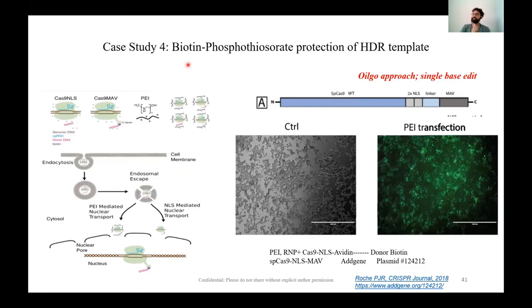The next is coupling the tagging or protection of your oligos with something called biotin and phosphorothioate protection for your HDR template. Before we go into that, the authors in this particular study used something called Cas9 monoavidin, which you will also hear in this talk. This is Cas9 coupled to a monoavidin, so basically a protein conjugate.